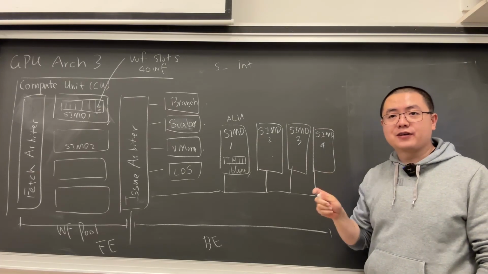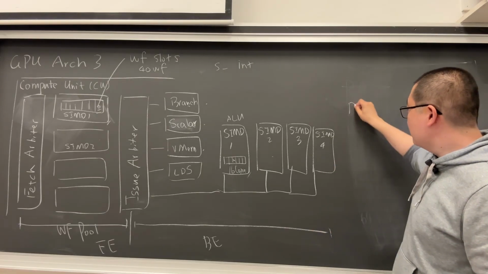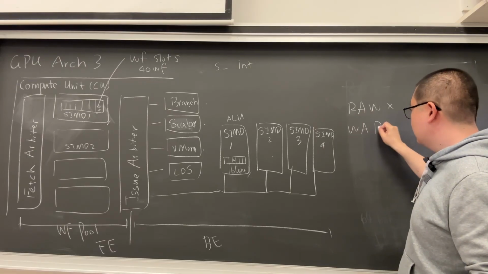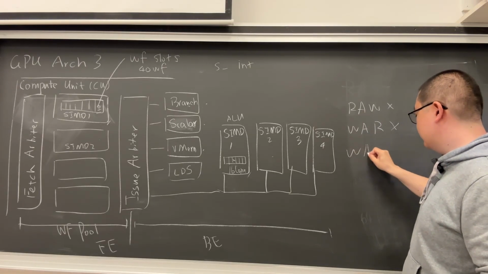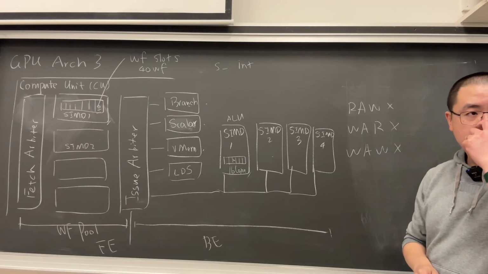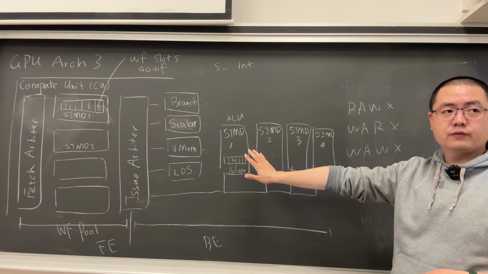It's a single cycle execution. If it's a single cycle execution, there's no read after write, no write after read, and no write after write. Impossible. Okay? So this is only for classic AMD GPUs.